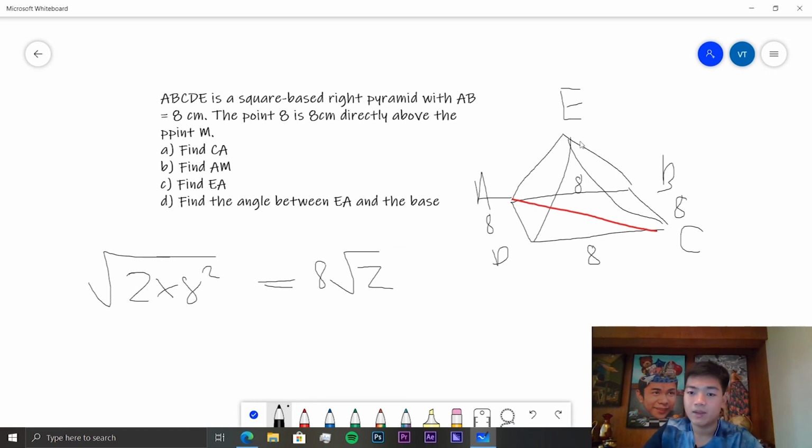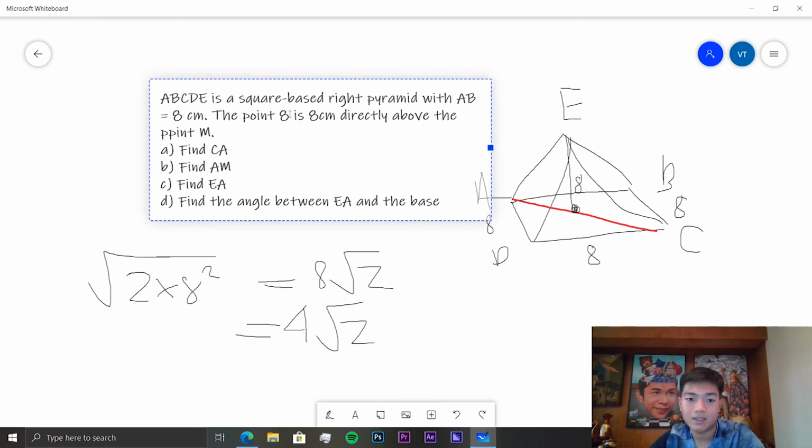Next, AM. M is the point directly below here. And so this is actually equal to half of CA. So AM is equal to 4 square root 2. We can also get that by getting it as the midpoint, or by getting AE and then using that, it's 8 centimeters. Oh, actually, hold on. The point, actually, it's not that low.